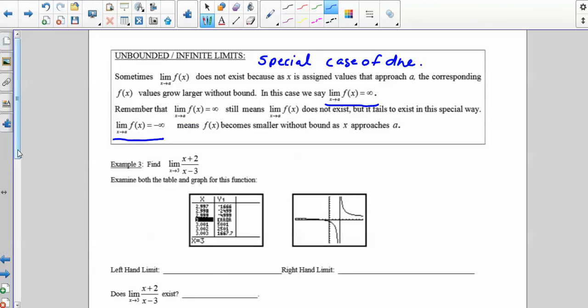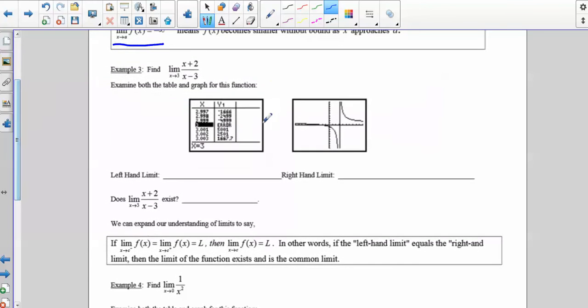So in our first example, we have the rational function x plus 2 over x minus 3, and you'll remember that that's going to have asymptotes at x equals 2 and y equals 1. So as x approaches 3, we're getting really, really close to this asymptote here. On the left side, you can see that our graph is going to negative infinity, and on the right side, you can see our graph is going to positive infinity.